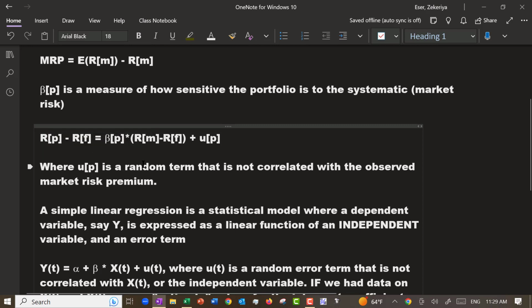This basically says if my yt, or dependent variable, was equal to risk premium for a given portfolio, which is the return on that portfolio minus the risk-free rate, and the x variable is the market risk premium, return on the market portfolio minus the risk-free rate, if I estimated alpha and beta, I should get alpha that is precisely equal to 0. Using data, it will never be equal to 0, but it should be pretty close to 0.